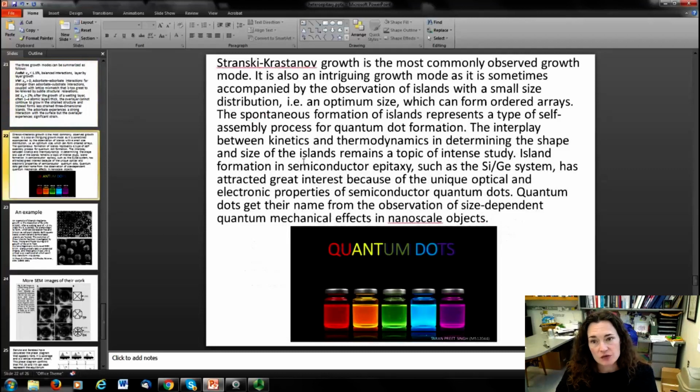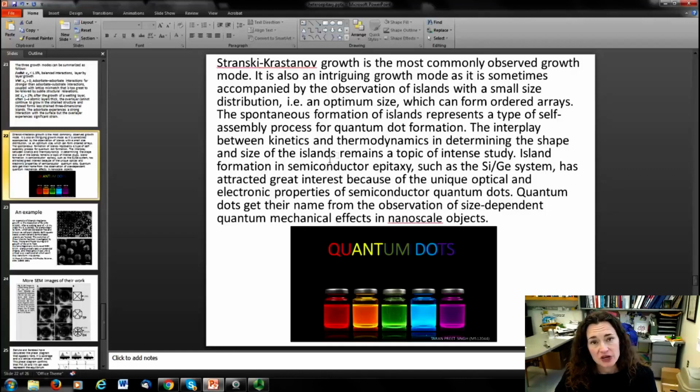Now, SK growth is the most commonly observed growth mode. It's also an intriguing growth mode because it's sometimes accompanied by the observations of islands with a small size distribution. It has an optimum size, in other words, and then those islands form ordered arrays. The spontaneous formation of these islands represents a type of self-assembly process that is often used for quantum dot fabrication and formation. The interplay between the kinetics and the thermodynamics in determining the shape and size of the islands remains a topic of intense study.